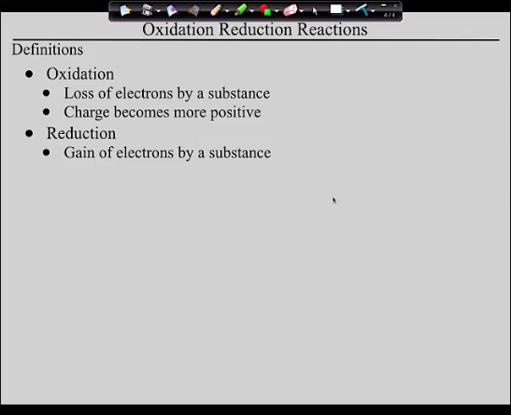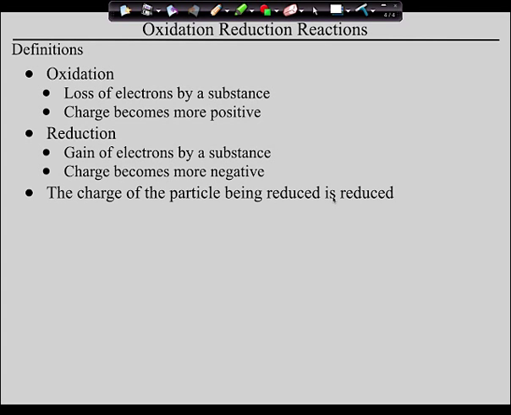So, what happens to the element that is being reduced? Its charge goes down. And guess what we call going down? We call it being reduced, right? So that's actually where the name reduction comes from, because the charge of the thing that's being reduced is becoming more negative. So we can summarize it this way. The charge of the particle that's being reduced is reduced.